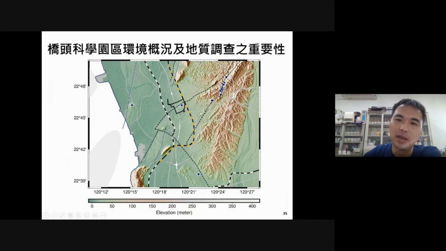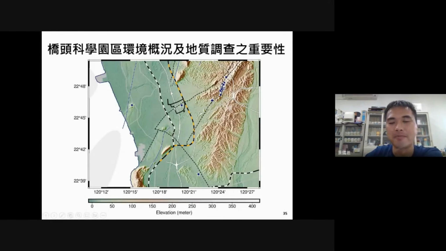So we see there is a fault passing through this science park, and that is very dangerous, because most of the factories in this science park are high-tech factories, but we have one active fault passing through this park.